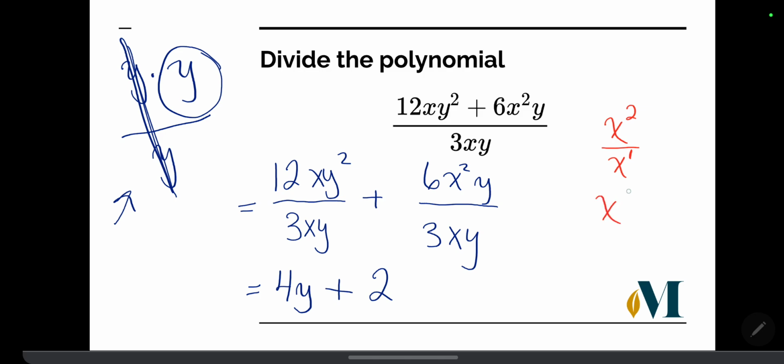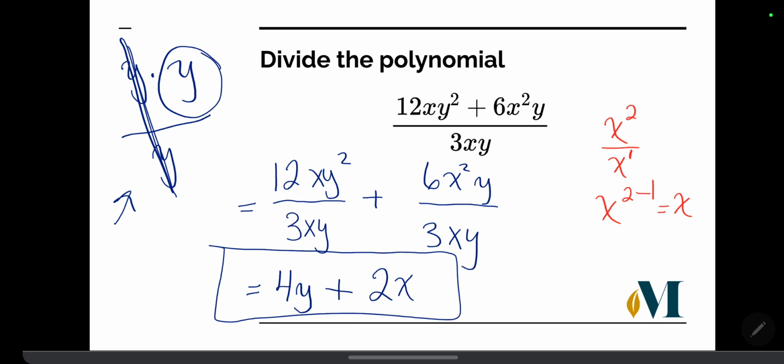We're going to have x to the power of 2 minus 1, and 2 minus 1 is 1, so we just have x to the power of 1, simply x. So we bring that x down, so we have 2x. Now let's talk about our y. We have a y in the numerator and 1 y in the denominator, which we're just going to cancel out. So look, we have our answer here. Our answer is 4y plus 2x.